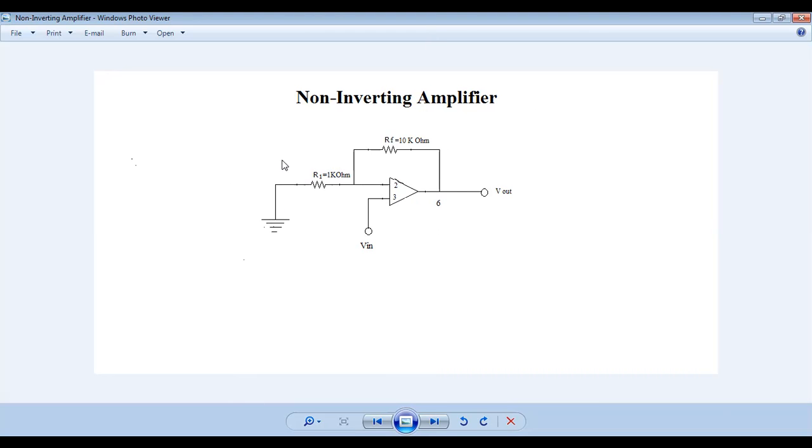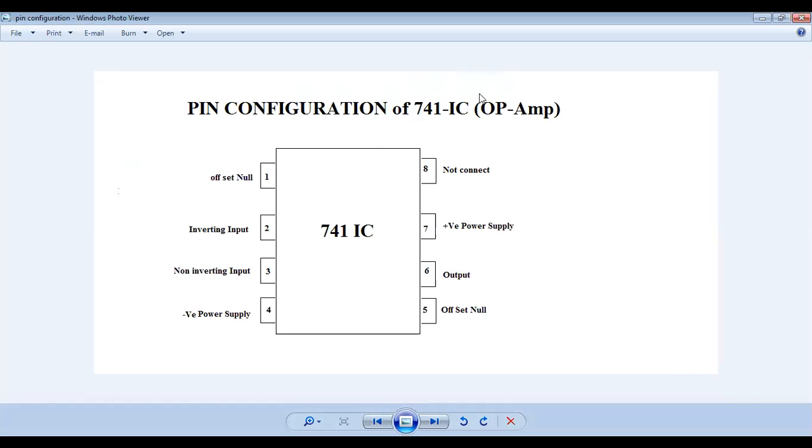This will become clearer to you when I share the pin configuration. So here this is the pin configuration of the operational amplifier. A 741 IC is used, which is the IC of the operational amplifier, and this IC has a total of 8 pins, and each pin has its own configuration.